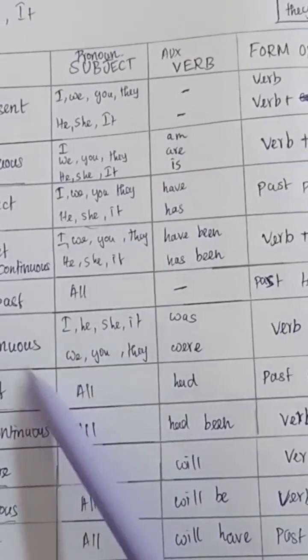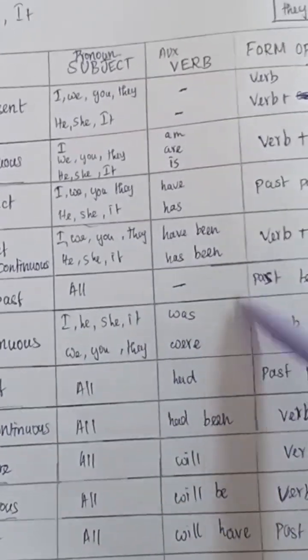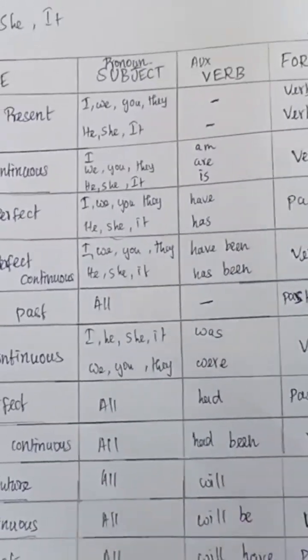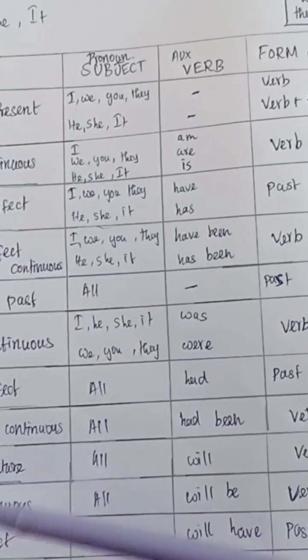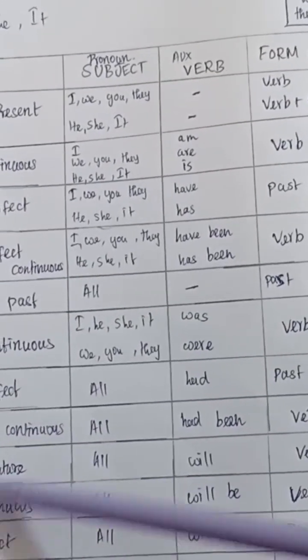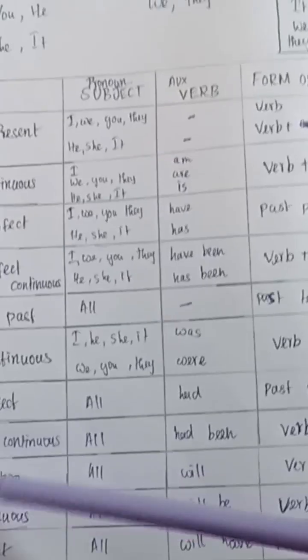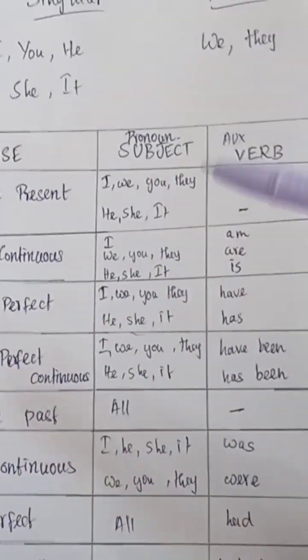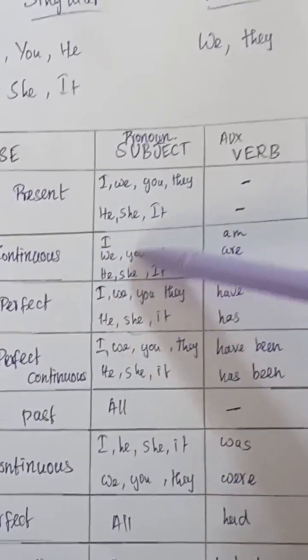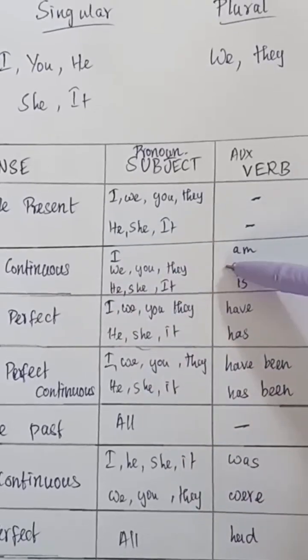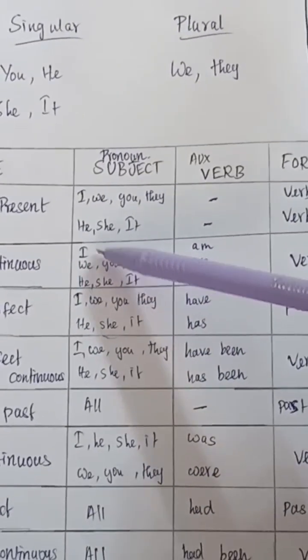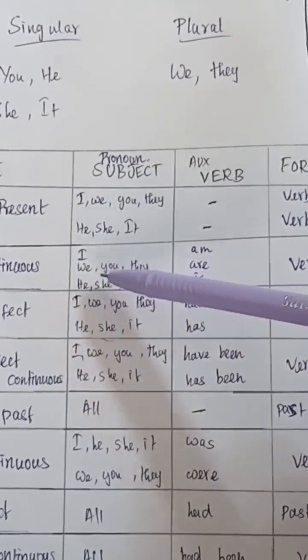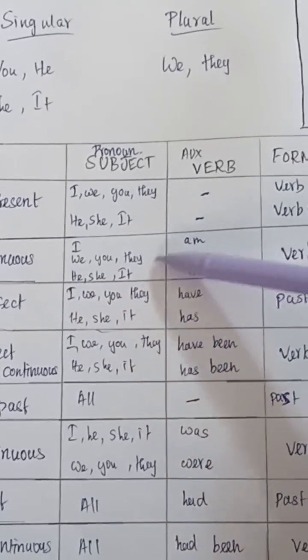And this is how all the tenses are, and these are the rules that you have to follow. For the future tenses, it's kind of easy, but you have to know a little bit for the present continuous, though usually anyone can use common sense and write I am, we are. So this is also easy.